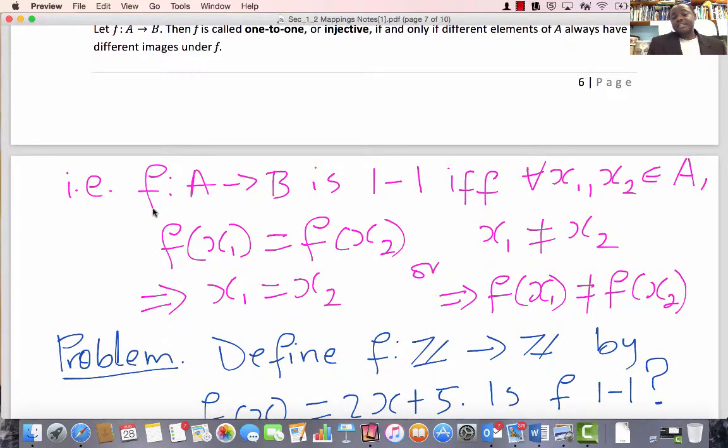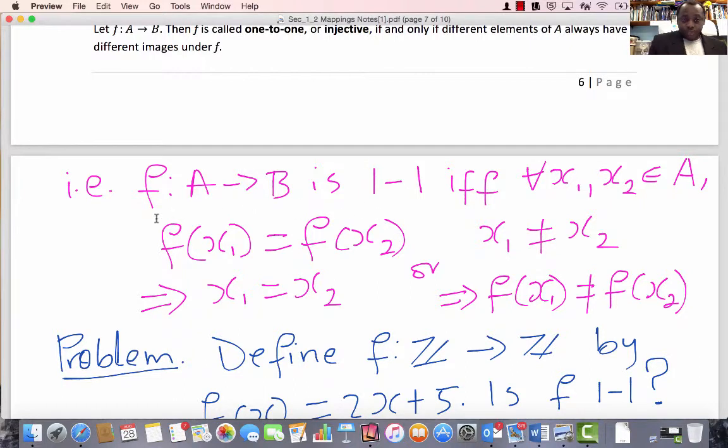So what we are saying is, if f is a mapping from A to B, A and B non-empty, then f is said to be one-to-one or injective if and only if for every x1, x2 in A, whenever f of x1 equals f of x2, x1 must be equal to x2.